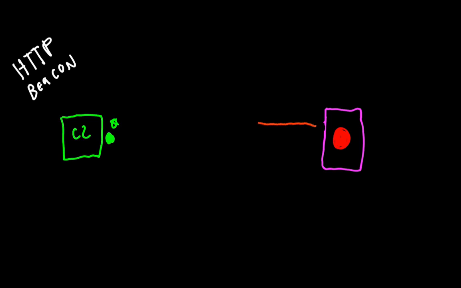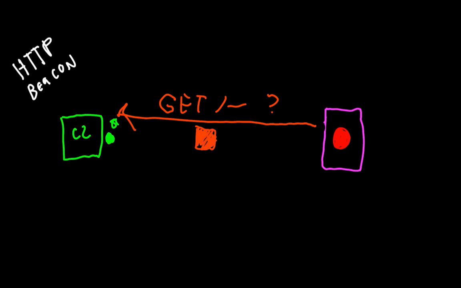It makes an HTTP request. And in that HTTP request, it asks, do you have anything for me to do? And if the server has something for it to do, it will respond with an encrypted blob of data that contains all the tasks for the payload to execute. Okay? Makes sense so far?